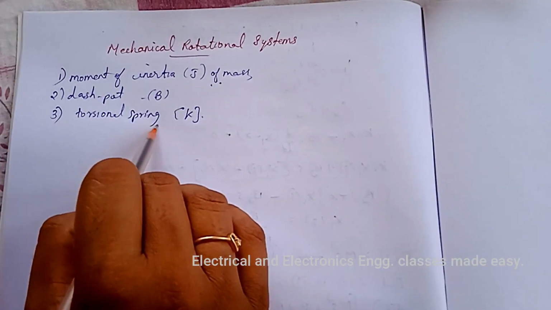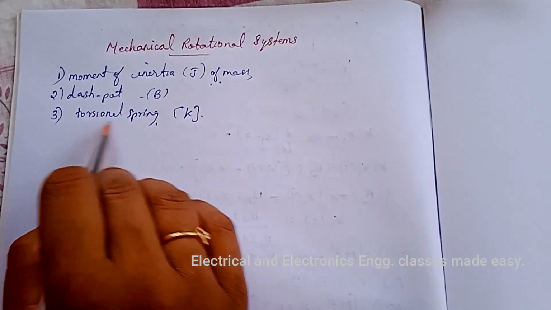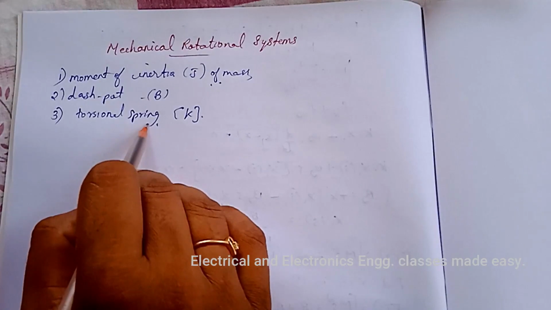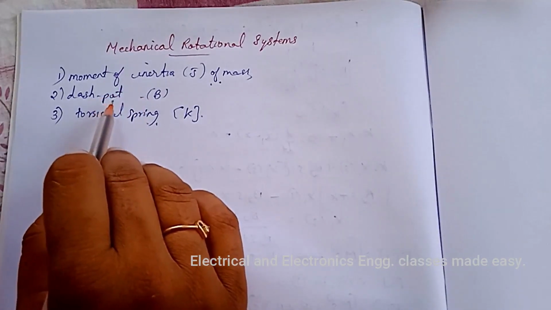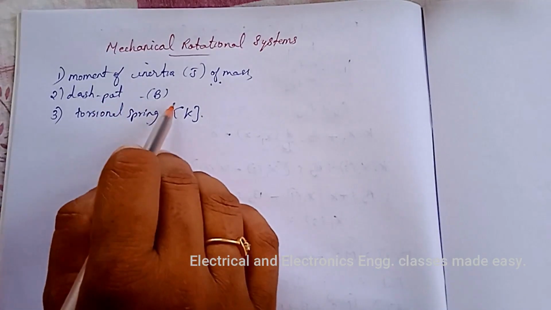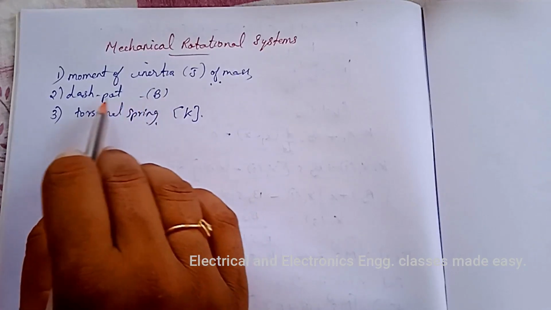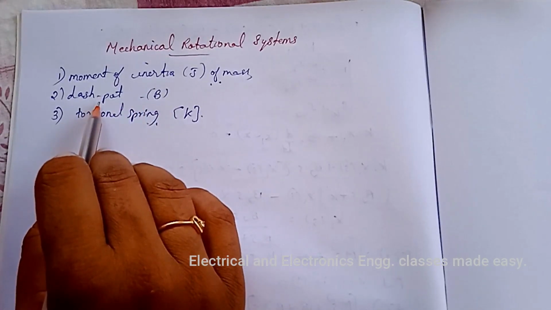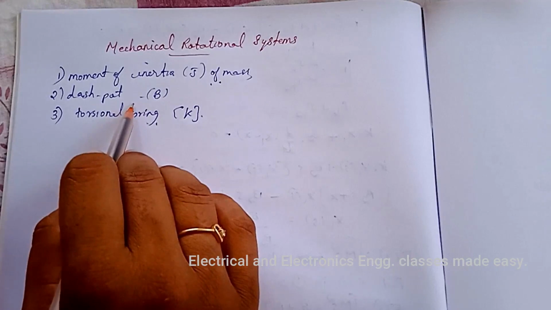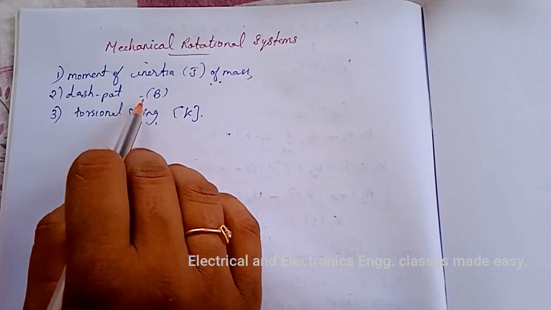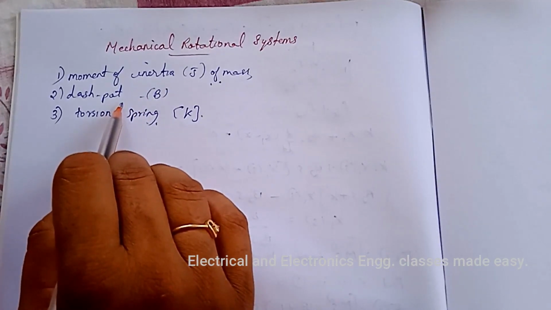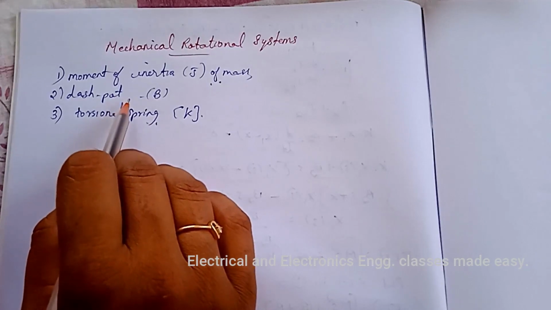The elastic deformation of the body can be represented by a spring. The friction existing in rotational mechanical system can be represented by the dashpot. The dashpot is a piston rotating inside a cylinder filled with viscous fluid.